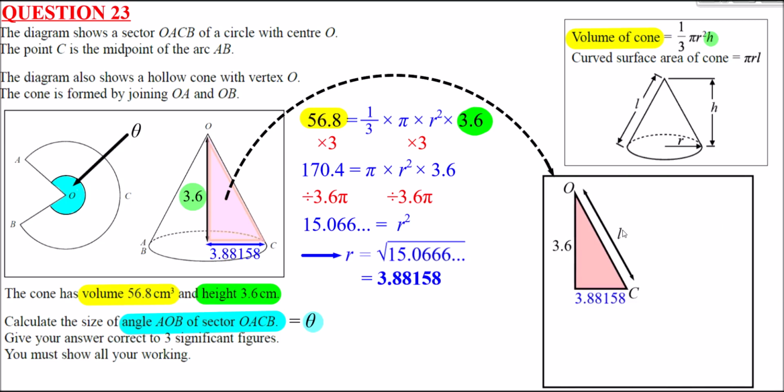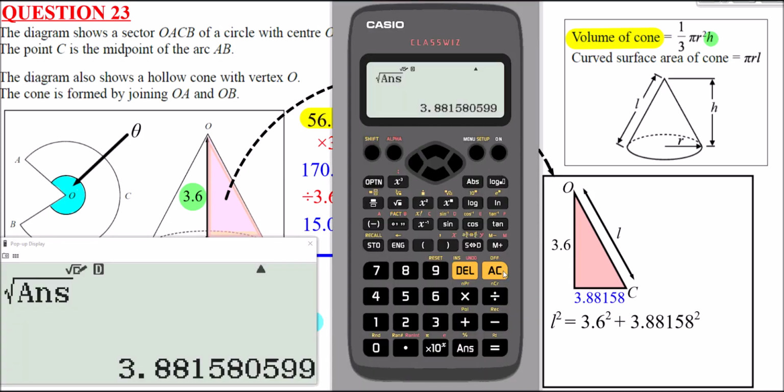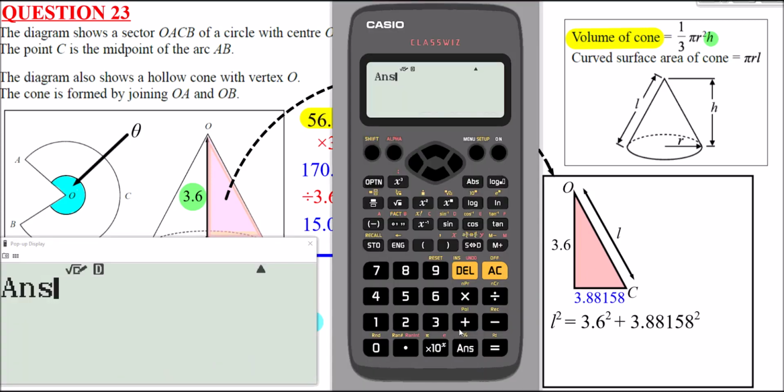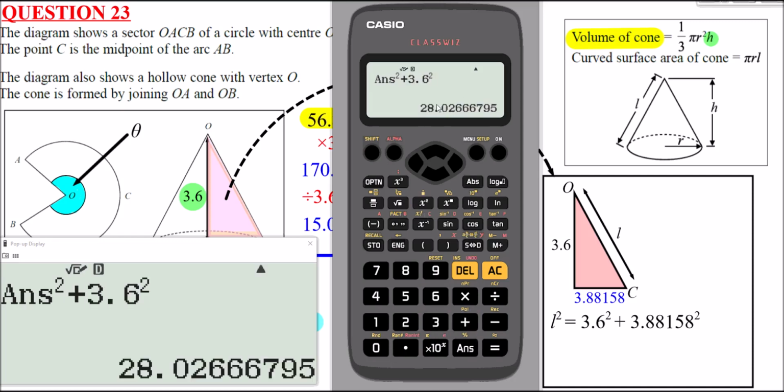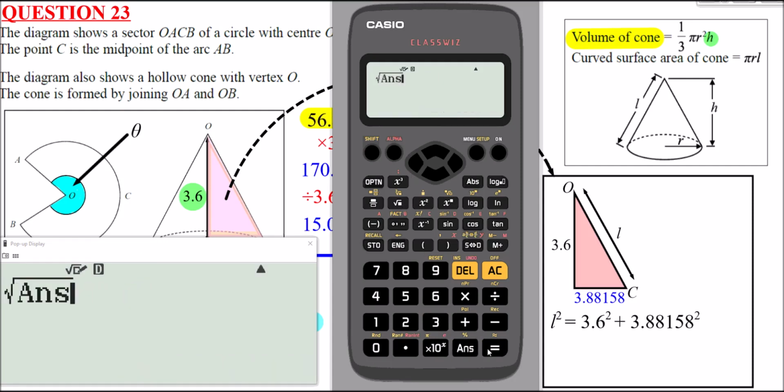So the hypotenuse squared equals that one squared plus that one squared. In other words, L squared equals 3.6 squared plus 3.88158 squared. So if we do this, so that answer I've just got squared added to 3.6 squared, that's what L squared is. So to get L, I can square root that answer, and therefore L, the slant height, is about 5.294 and 0.219 if you really want to.